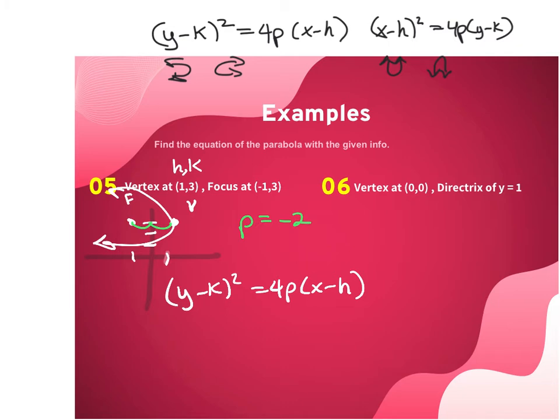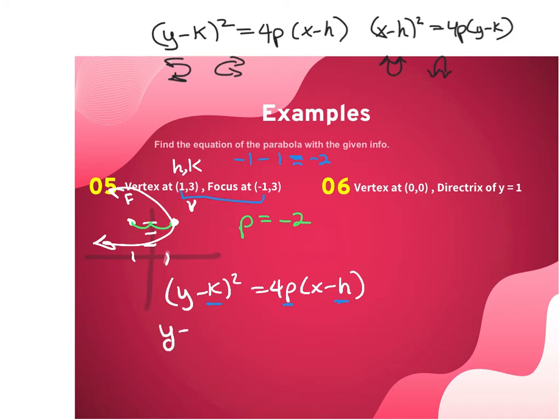I could also take the coordinates in my vertex and my focus and subtract them. So the two that are different, that would be the 1 and the -1. So -1 minus 1, and my p-value is -2. Either way. So now I'm going to replace the k, the p, and the h.